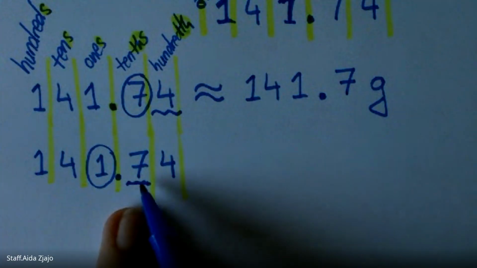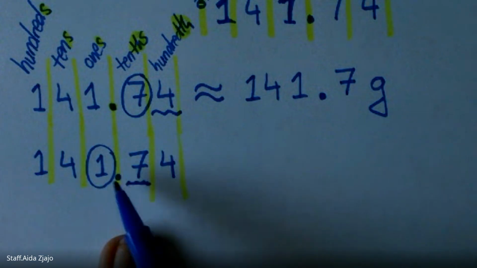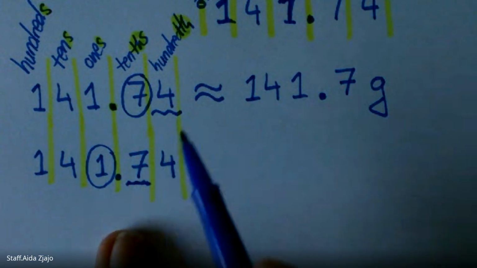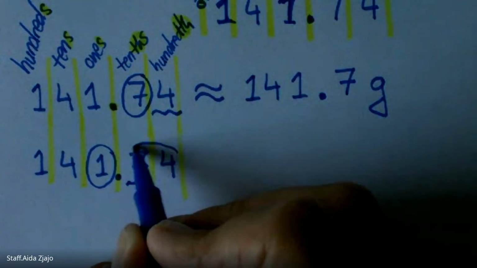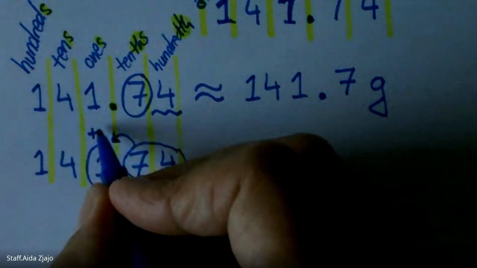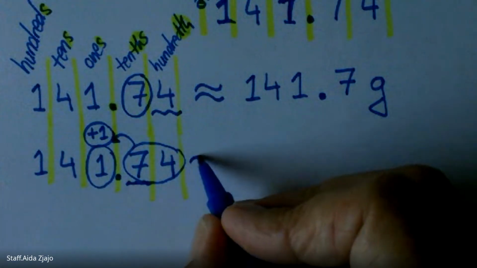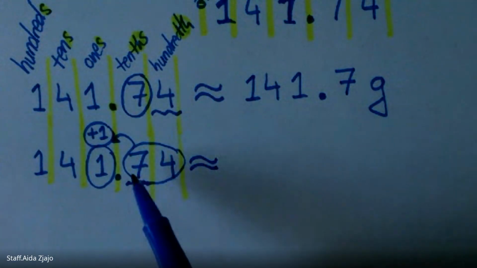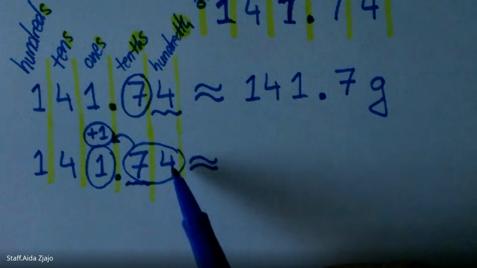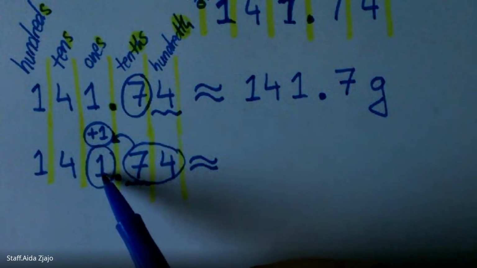Here are the 7 tenths. I need 10 tenths to make a whole. So I have more than half, so I can easily use this to make a new whole. My rounding will be using 7 tenths and 4 hundredths to make a new whole.